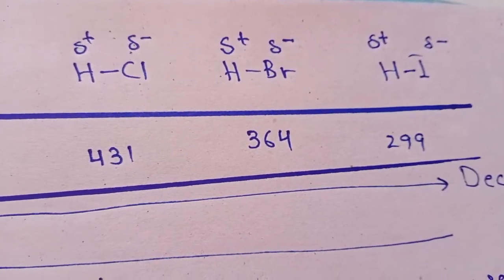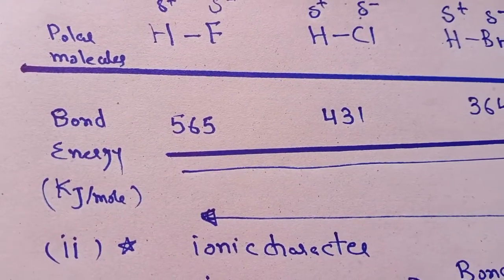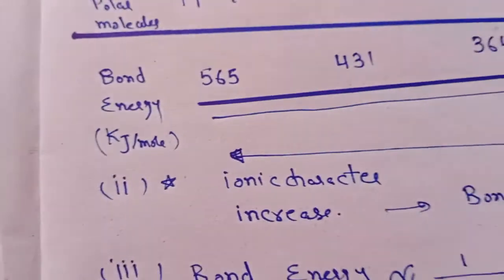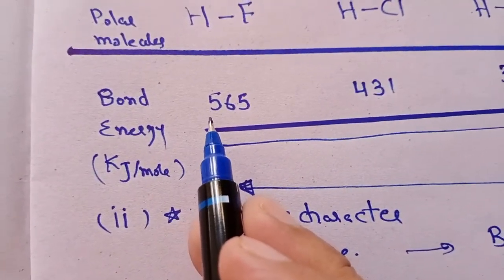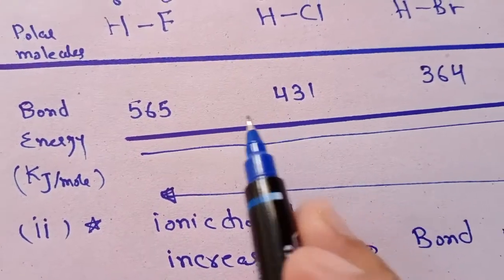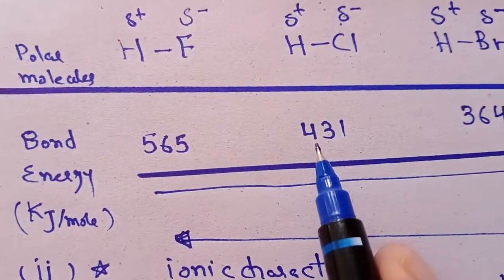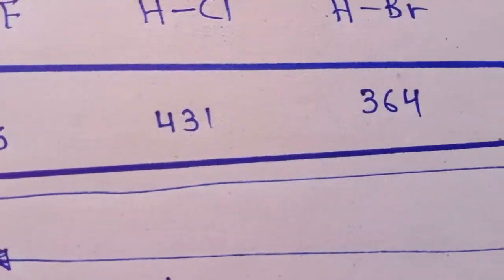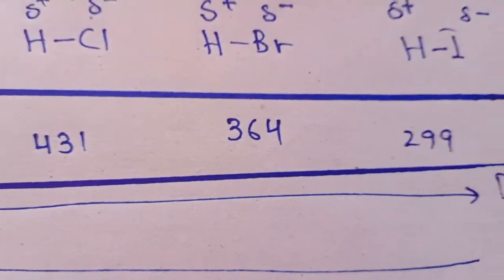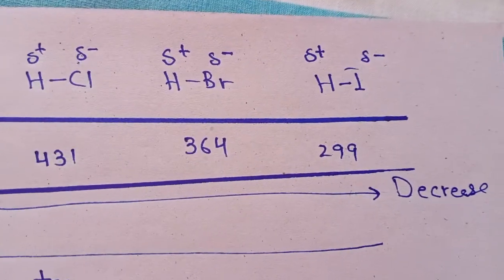Now you can see what's happening here. We are going to compare the bond energy in kilojoule per mole. It's 565 for HF, 431 for HCl, 364 for HBr and 299 for HI.